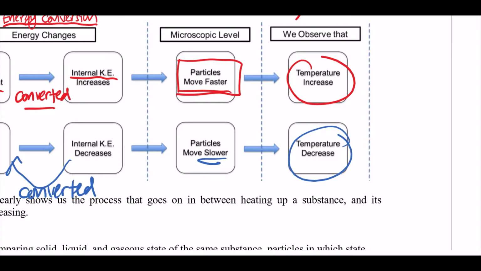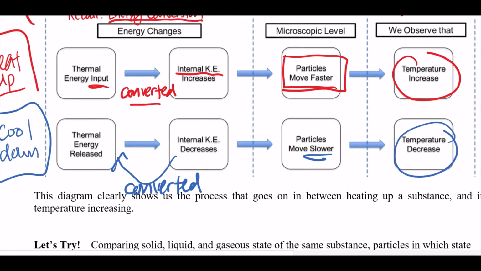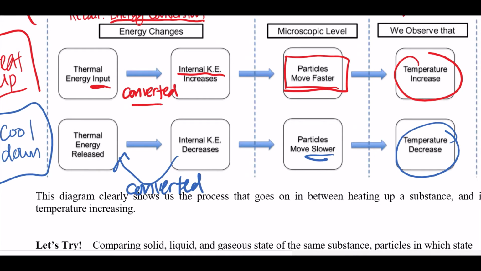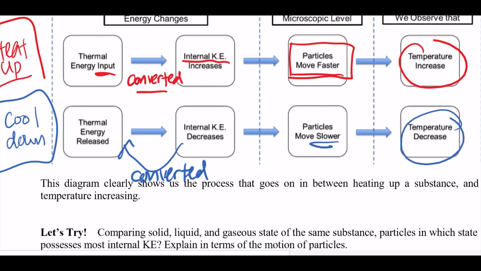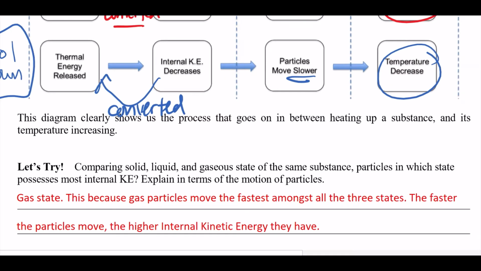So from there, we infer that energy is lost in a way. So now what we're doing here is trying to relate heat energy to how the particles move, and then relate it to the temperature of the substance as a whole.